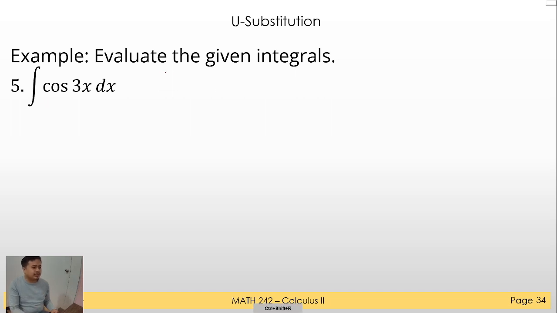So if you could recall the integral of cosine u du, that is equal to sine u plus c. But the problem here, guys, we could not directly integrate this because this is not in the u form. So we have to change this up into u using the U-substitution.